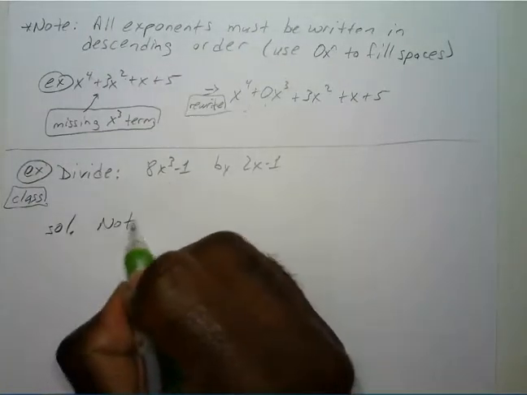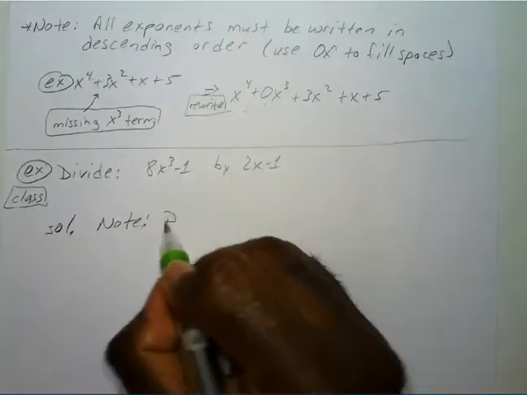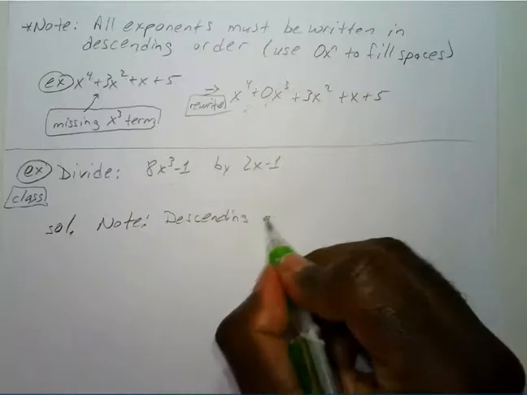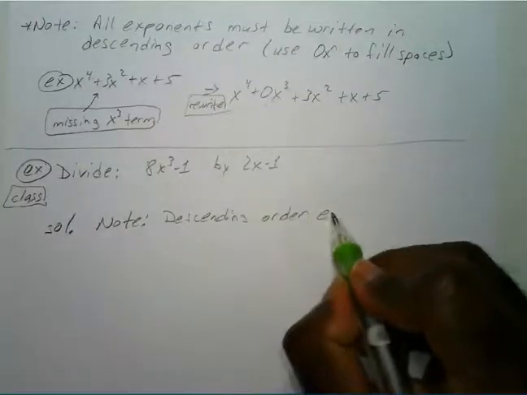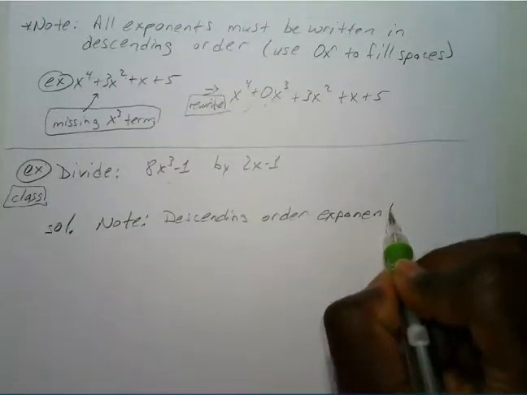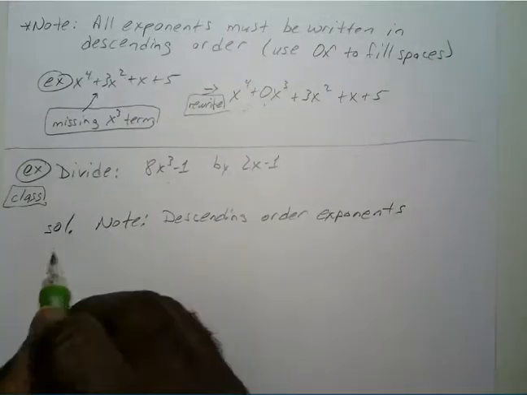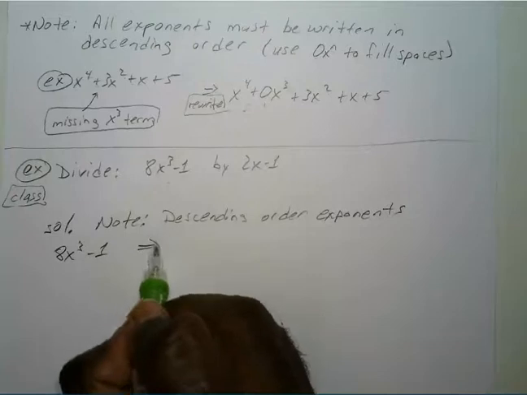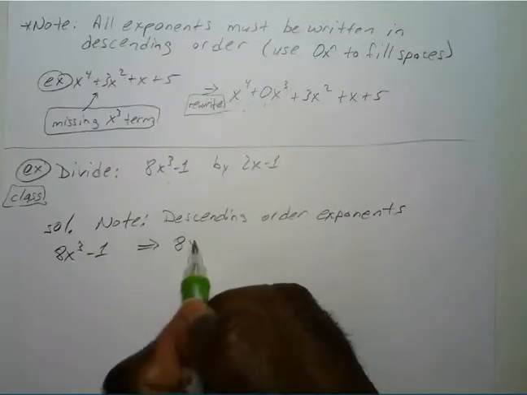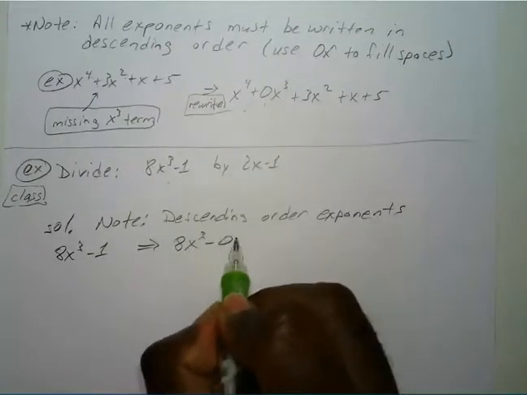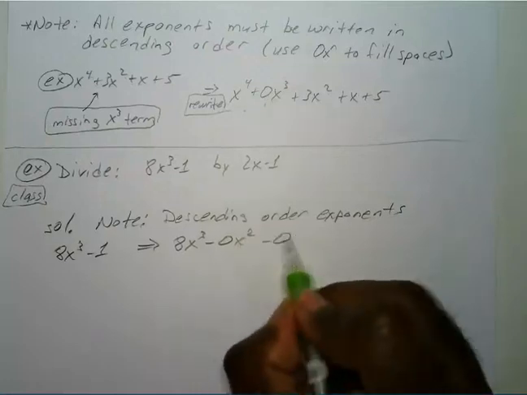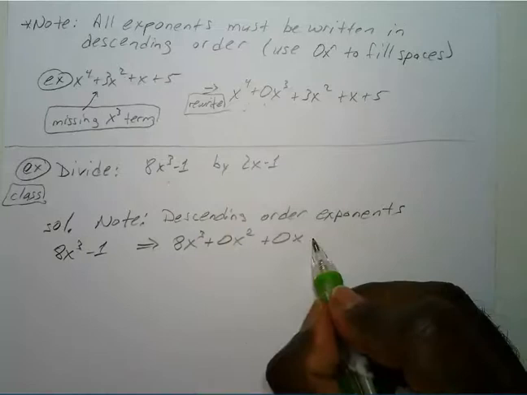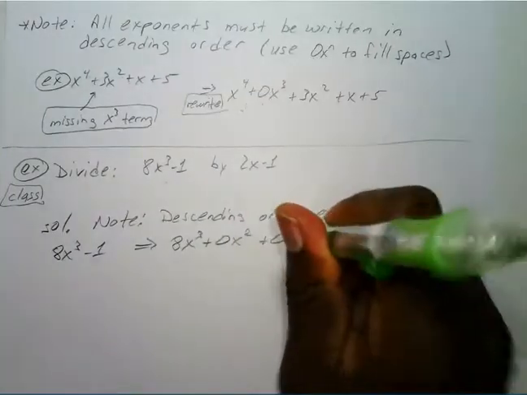Okay, so first thing you should have done is your descending order exponents. So 8x to the third minus 1 should have become 8x to the third minus 0x squared minus 0x, or you can put plus, doesn't matter. I usually go with plus, minus 1.